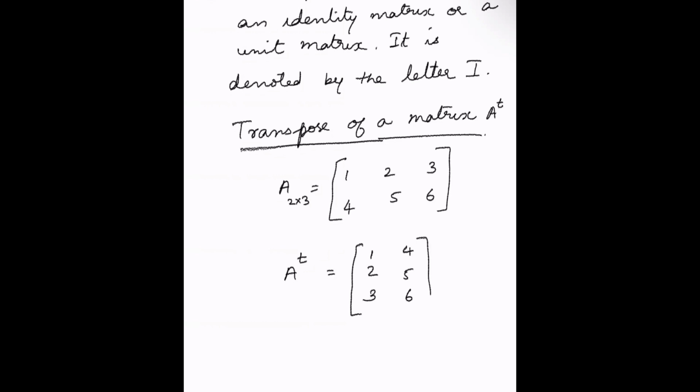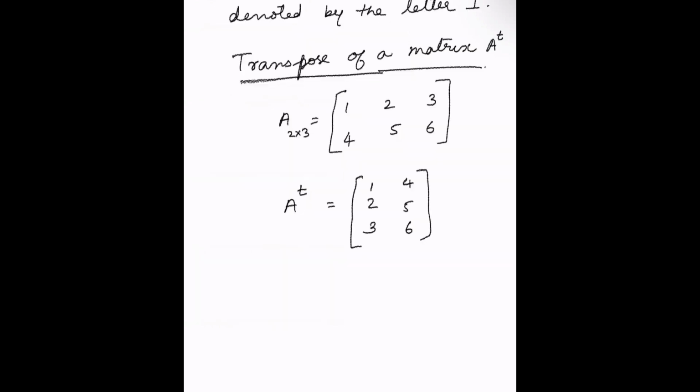Understood? So this is called transpose. What is happening in a transpose? Interchanging the rows and columns. You're interchanging rows to columns and columns to rows. This becomes the first row, this becomes the second row, and this becomes the third row. You can think of it like that also.